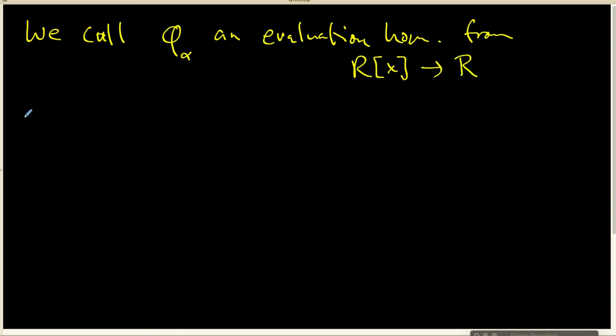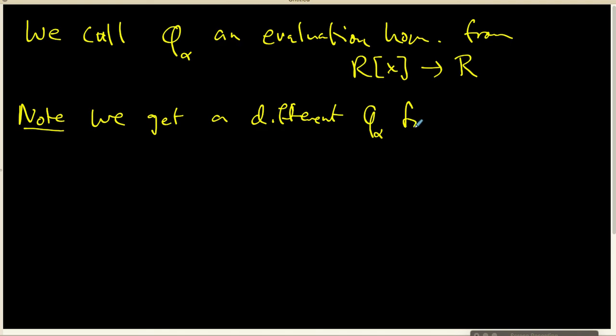And the other thing that I want to make a note of is that we get a different phi sub alpha for each and every alpha inside the ring of coefficients. So there are lots of these evaluation homomorphisms running around. There's one for each element of the ring R. And that ends this video.